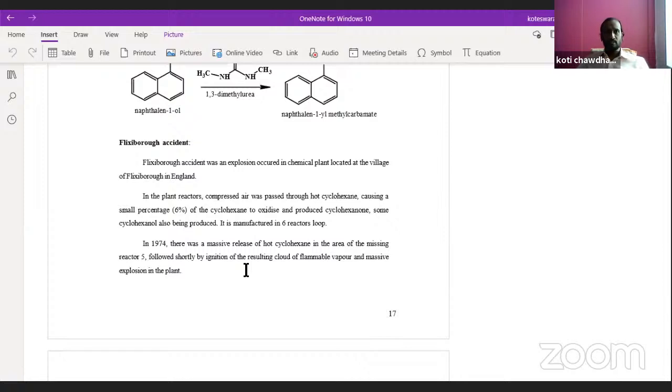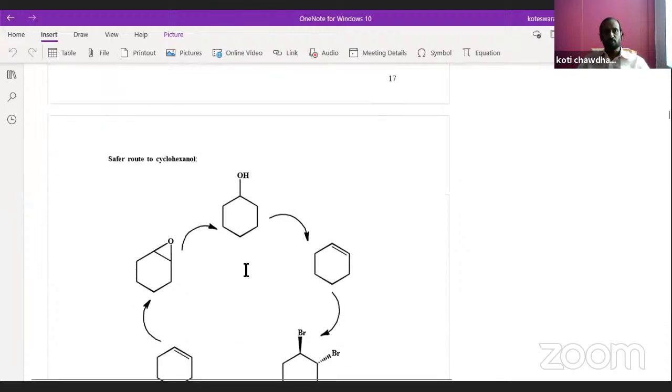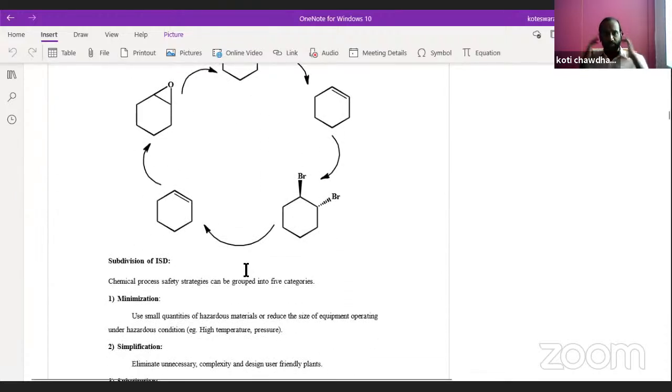This process requires a high amount of pressure. These are linked to six loop reactors. Among the six reactors, the fifth reactor leaked, and due to that leakage of pressurized gas, it immediately caught fire. Due to that fire, a large scale explosion happened, affecting almost a 50 kilometer radius.